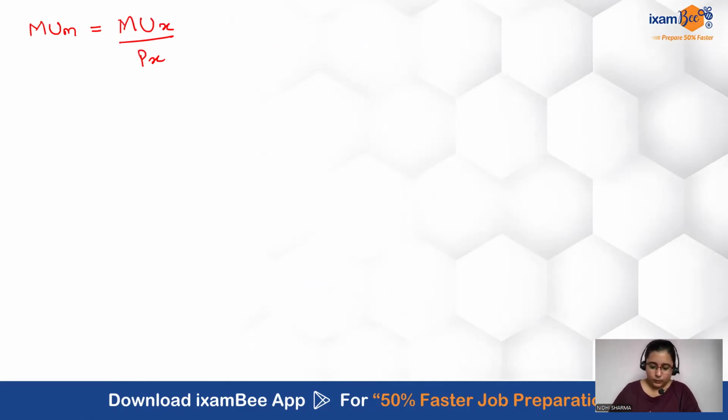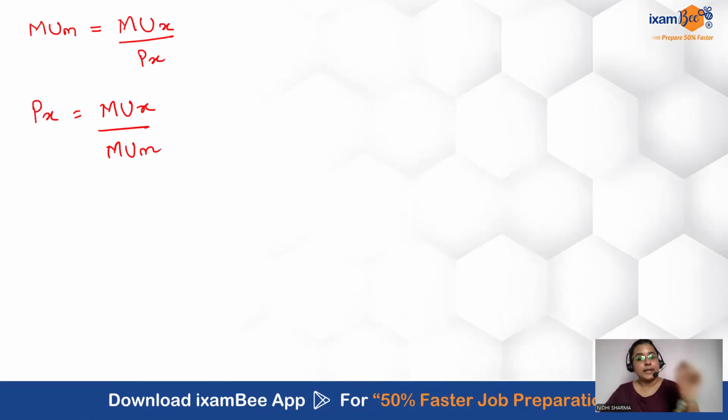Now I will make some arrangements here. Let me take this PX on the left hand side and bring the marginal utility of money to the right hand side. So my equation becomes PX is equal to MUX divided by MUM.